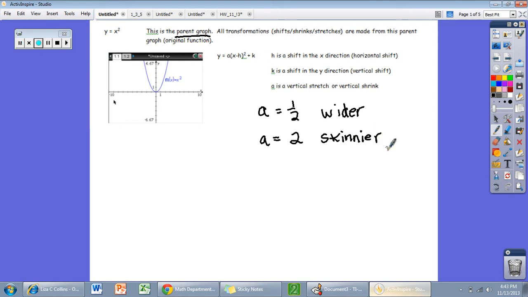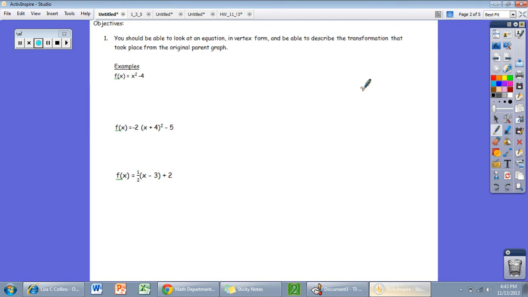Okay, so that's all telling you what it is equal. Now this is your original graph here. I've given you the picture, x squared. So you know things by looking at it. The vertex, for instance, is 0, 0, and it doesn't have any stretch or any shrink with it whatsoever.